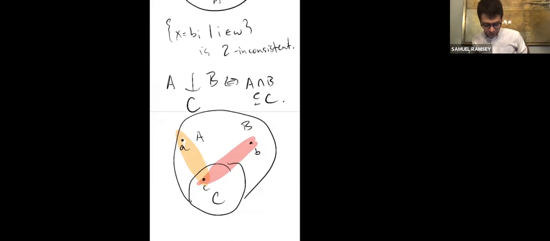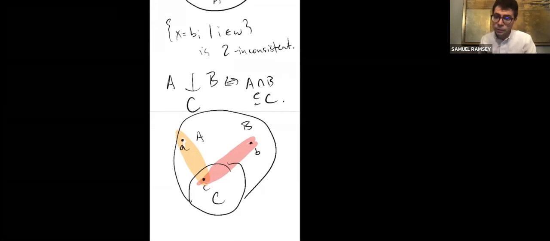So we saw already that if A and B are the same, then we have dividing. Because if A and B are the same, then the type of A over B contains the formula x = b, and b is not in C. So I can take a collection of pairwise distinct elements, and the formulas that say x = b0, x = b1, x = b2 are all incompatible, so I get dividing.